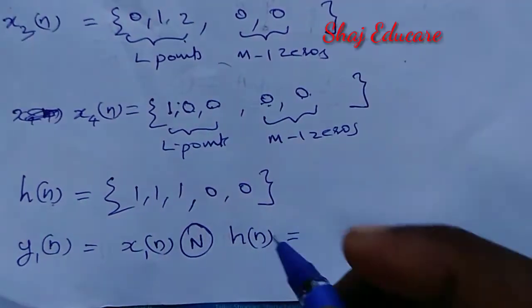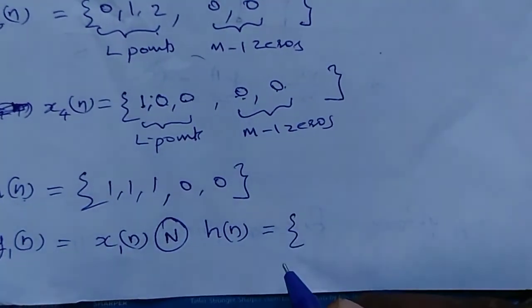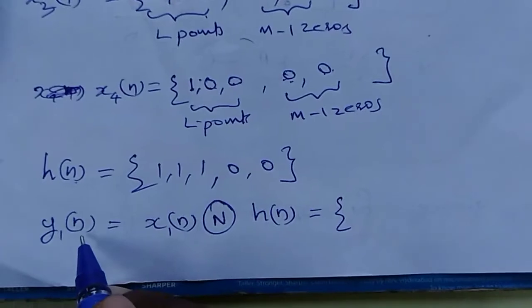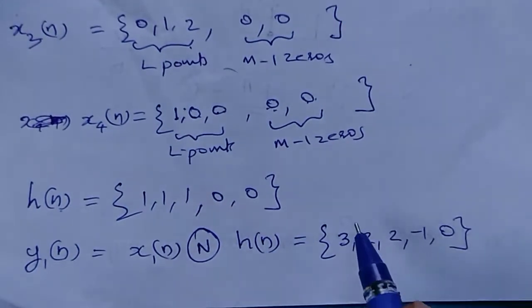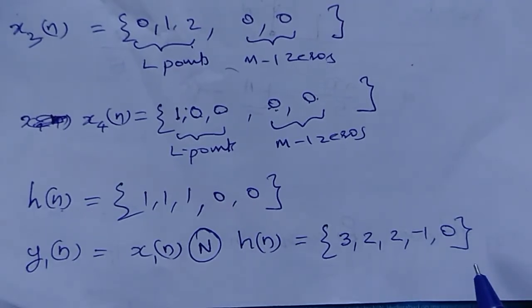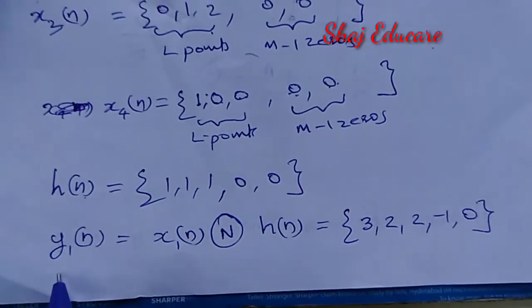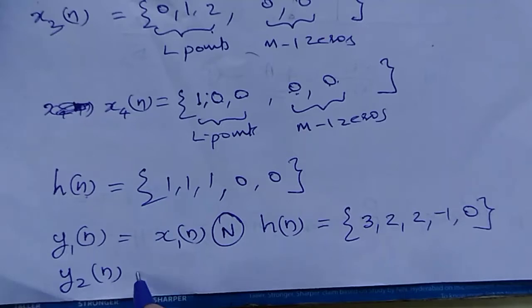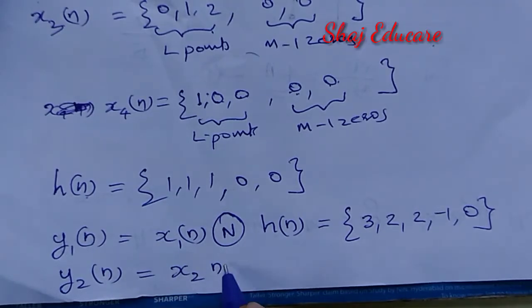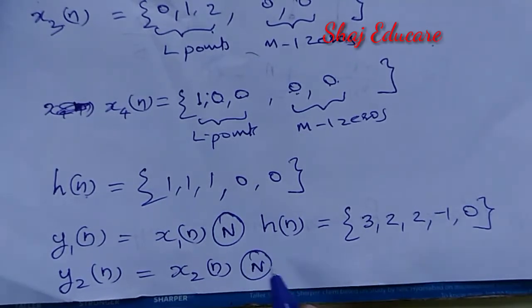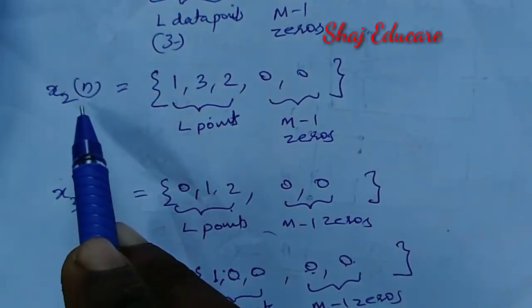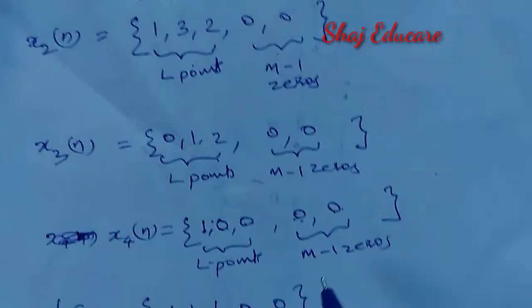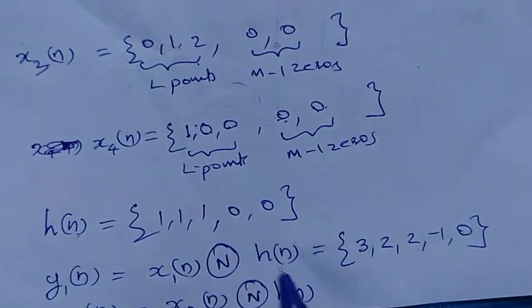Here I'm going to write the final answer for y1 of n, that is equal to 3, 2, 2, minus 1, 0. Next, find y2 of n by convoluting x2 of n and h of n. x2 of n is this one, and h of n is this.